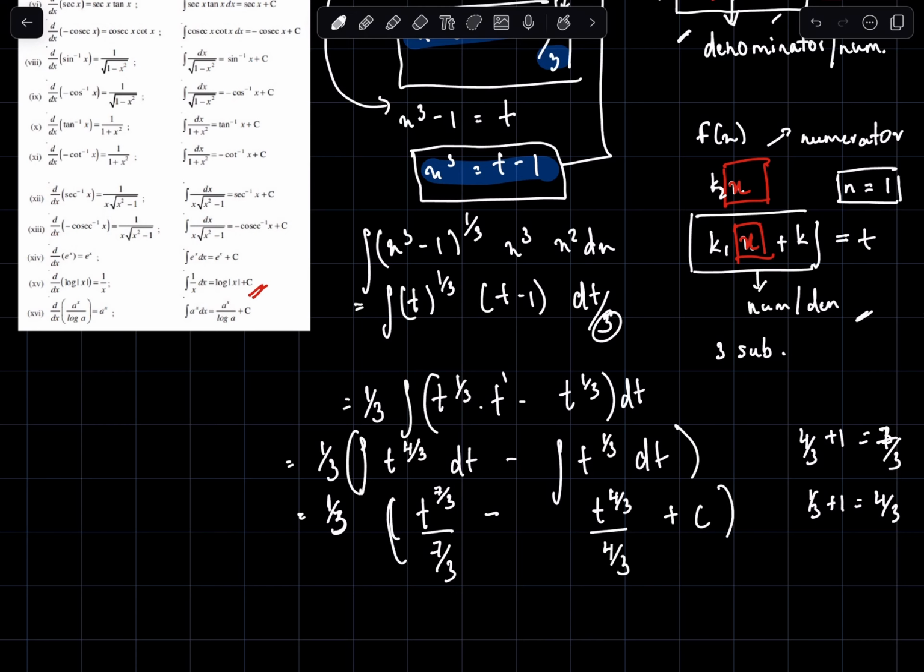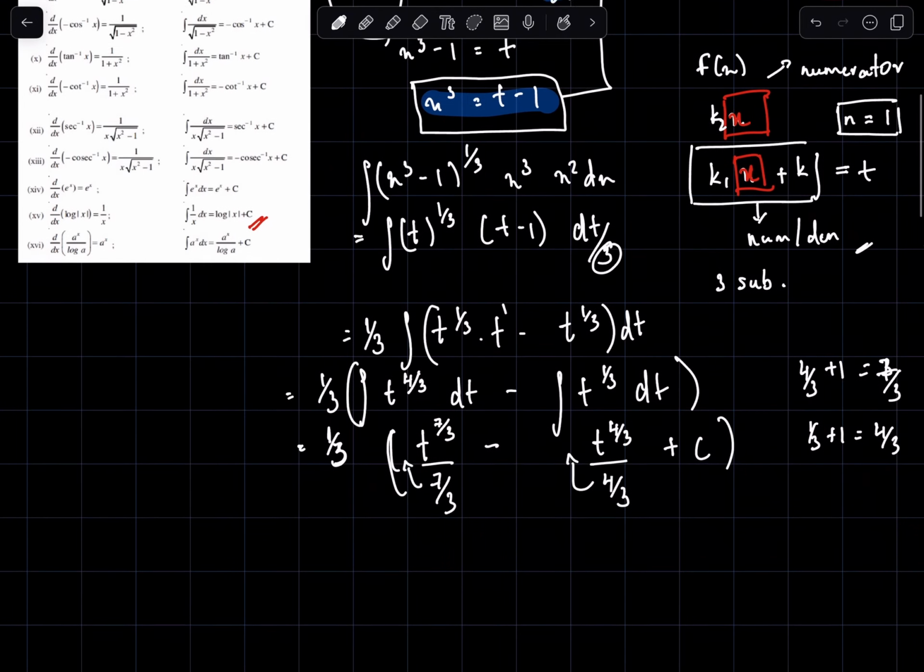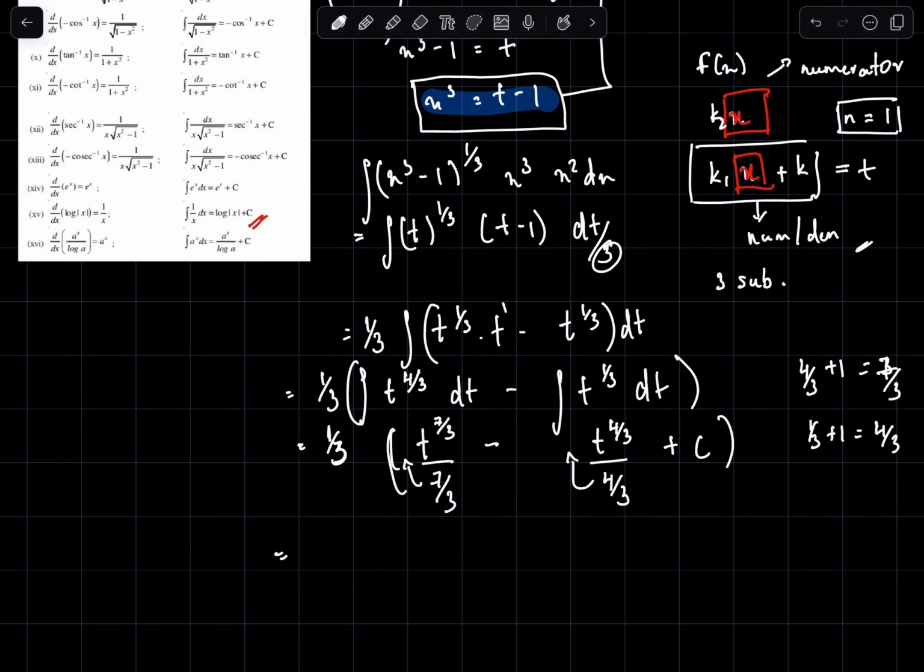Plus c. Okay, so let's do something interesting. We can bring this out and this out as well, right? And it inverts. And by the way, you have to multiply 1 by 3 with each of these values, but of course 1 by 3 times c is still c, because a constant multiplied by a constant is a constant.